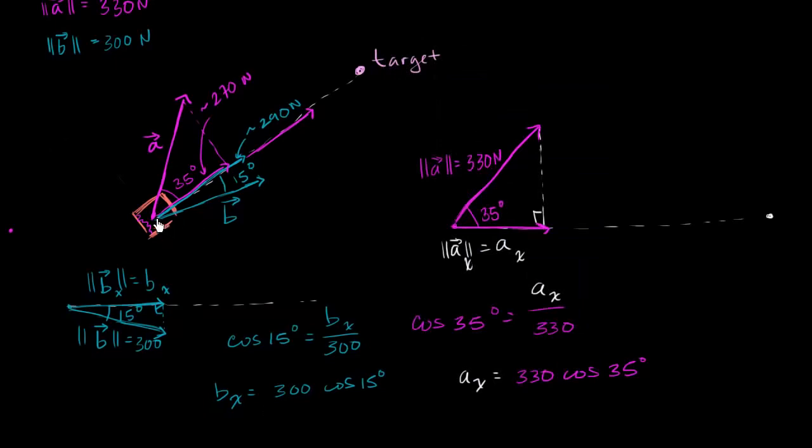So this whole vector right over here, its magnitude, I could write that as the magnitude of A sub x plus B sub x, which is the same thing as A sub x plus B sub x. I already said that these are the magnitudes of each of these vectors, is approximately equal to 560 newtons.